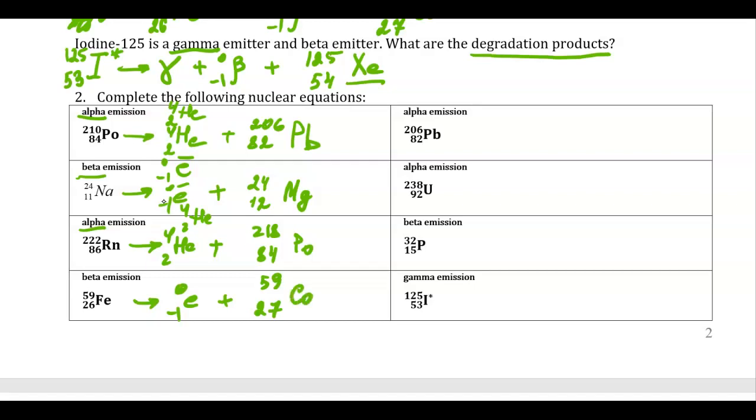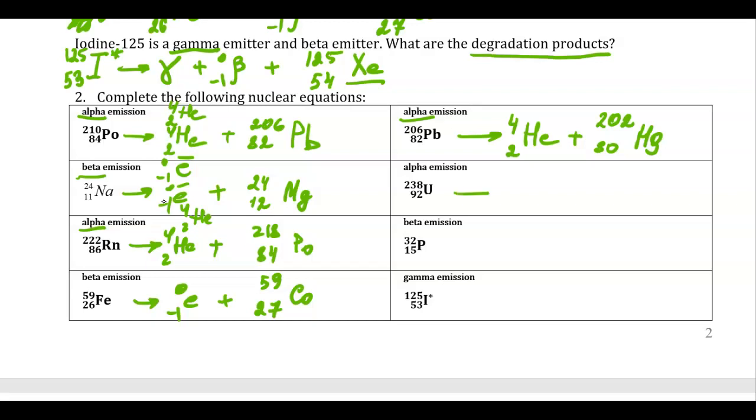So the next one, lead. Lead alpha emission, that's why it produces a helium nucleus, and what we have here, so 82 minus 2, we will get 80, and here we will get 202. And in the periodic table, the element with atomic number 80 is mercury, Hg.